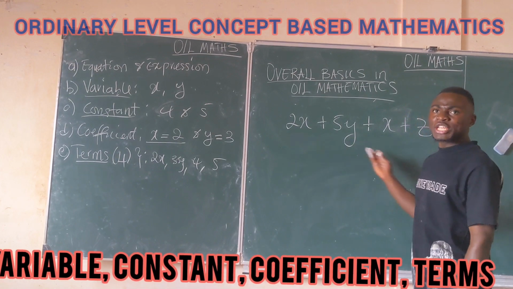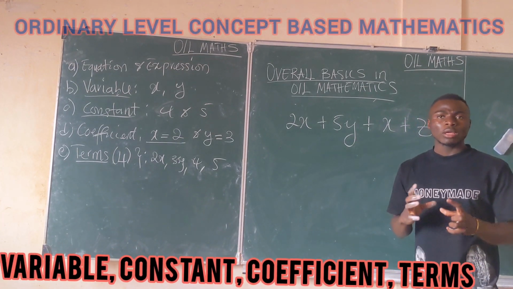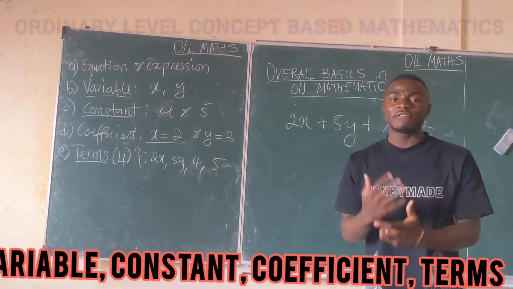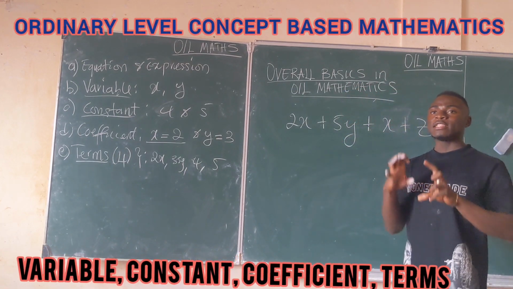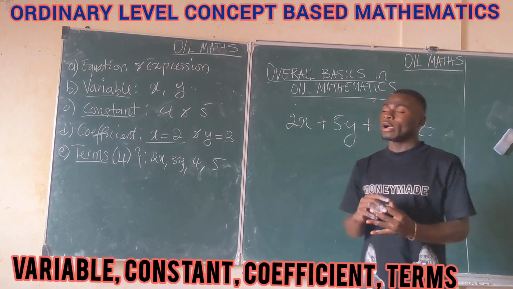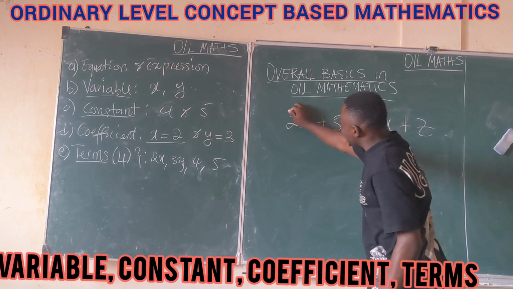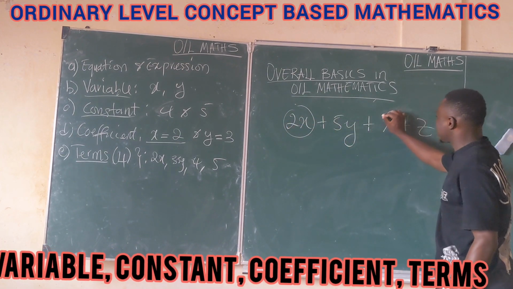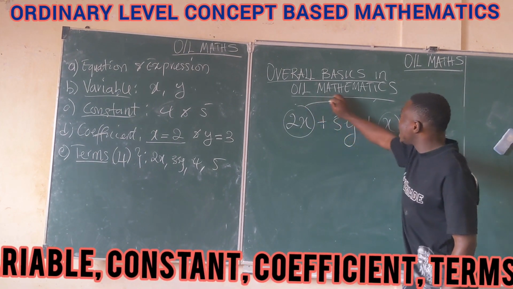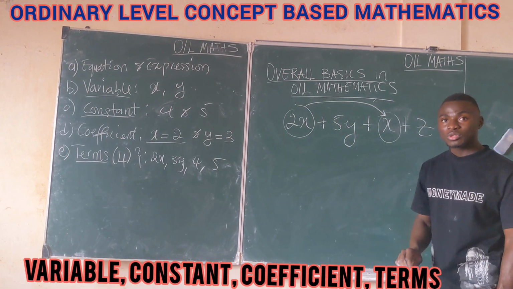Given this expression, like terms are those terms that are from the same family. Terms from the same family are referred to as like terms, and terms from a different family, we're talking about the family of variables, are unlike terms. If you look at 2x and x, they are from the same family of variables, so these 2 are like terms.